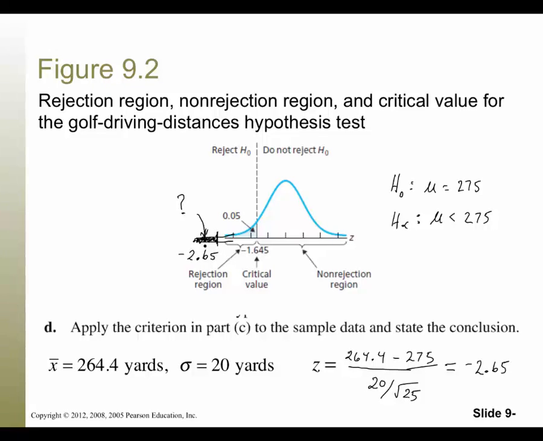Yes, so now go back to the table. This is an old question from a month ago or three weeks ago. What's the probability, if his mean was 275, that he hit 25 drives and gets an average on those 25 of less than 264.4?